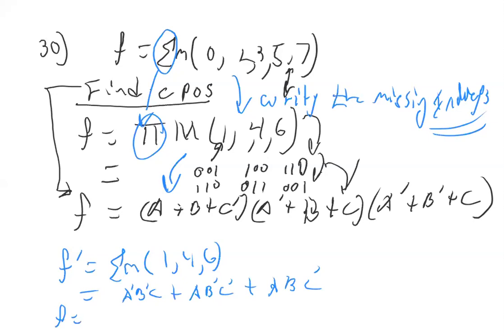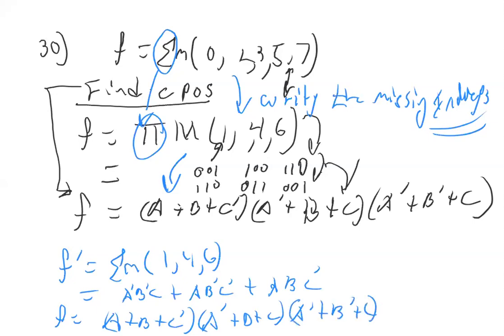And then you can use De Morgan's theorem and you'll get A or B or C prime, times A prime or B or C, times A prime or B prime or C, which looks like that.